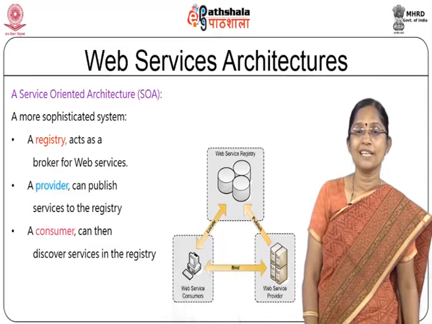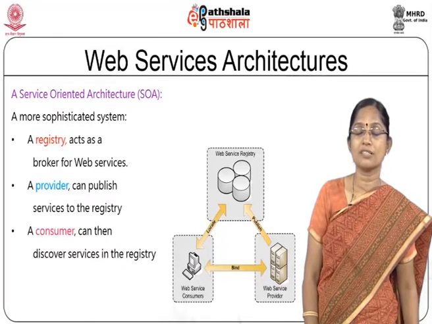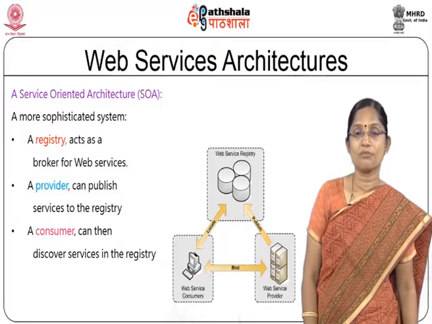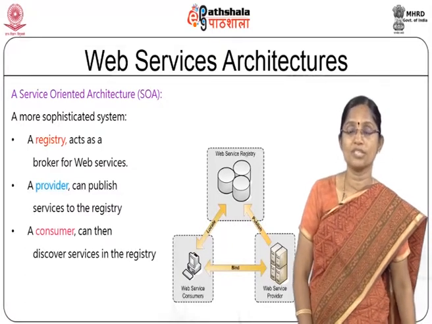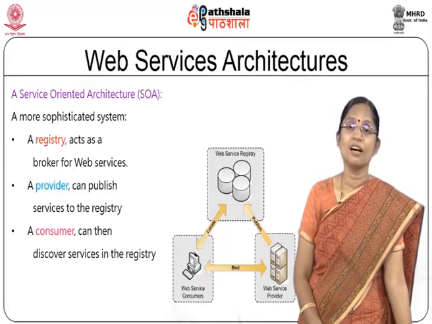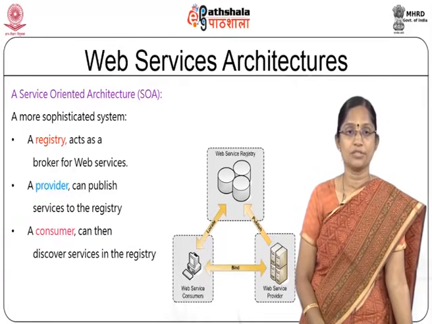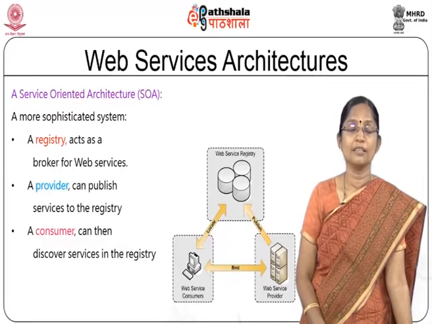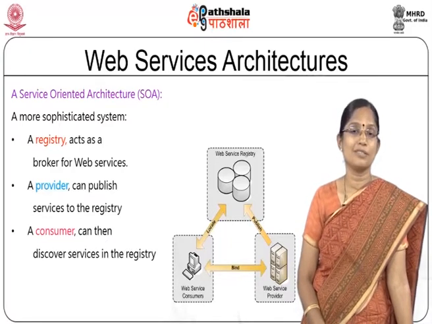So the registry is like an index, or a broker, which consists of the number of services, who is providing each service, and what the URL of that particular service is. All of these things are stored in the UDDI registry. Now a consumer can discover the services in the registry.